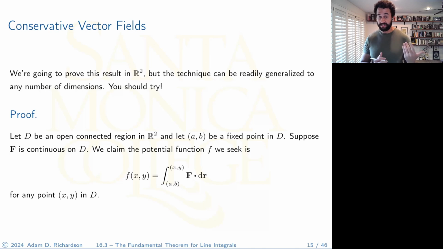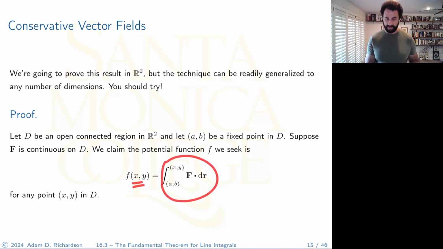They are very similar, where the thing that is changing is the upper bound of the integral. Notice the input of this function is (x, y), two variables. Well, the thing that is changing here is this upper point, the terminal point of this curve from (a, b) to (x, y). So this integral itself is a function of x and y. It's a function of that terminal point.